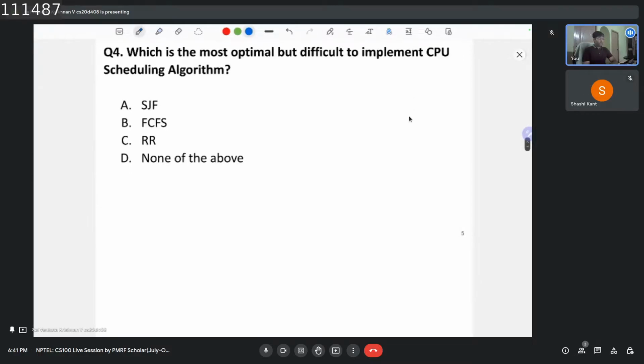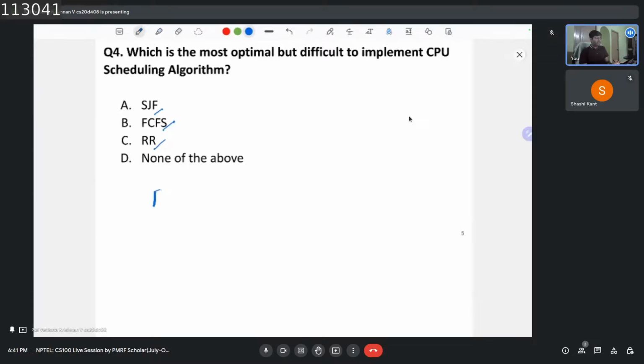Which is the most optimal but difficult to implement CPU scheduling algorithm? Is it shortest job first, FCFS, round robin scheduling, or none of the above, where some other algorithm is present? We'll see one by one.